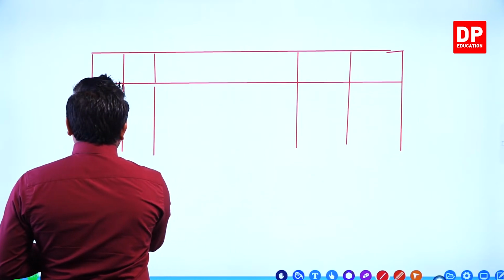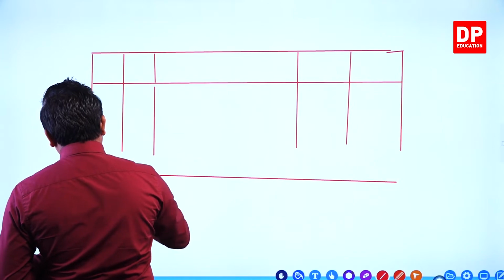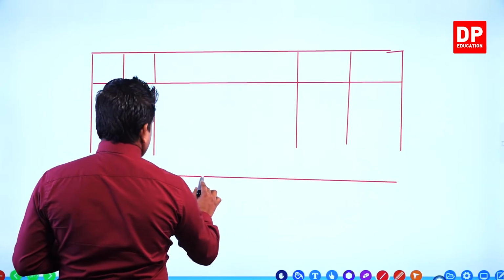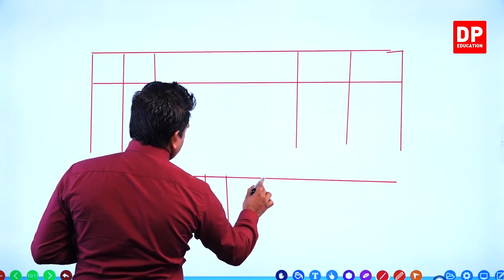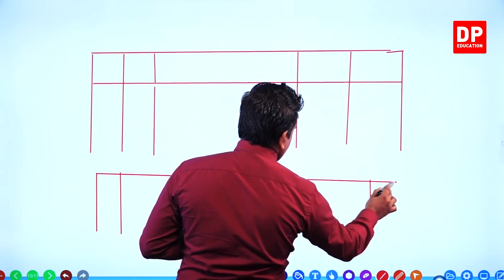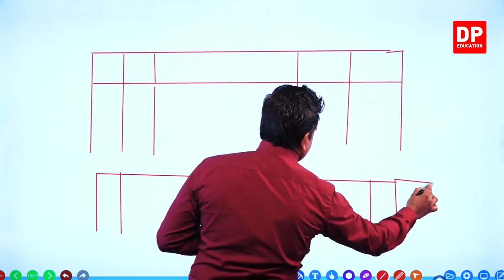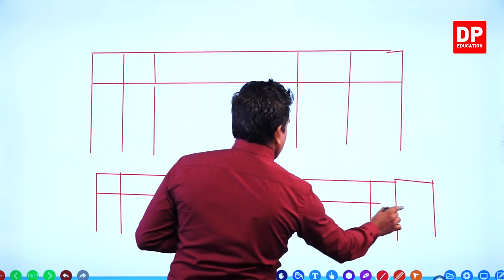Then you draw two ledger accounts: date, description, ledger folio, value, date, description, ledger folio, value. One account is not enough.